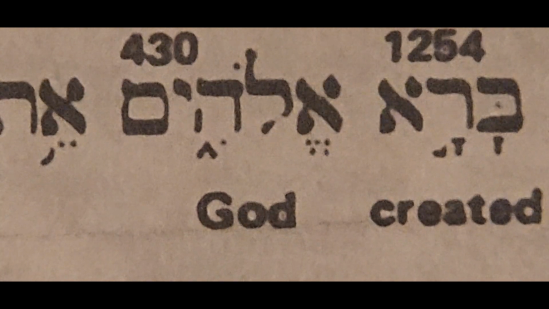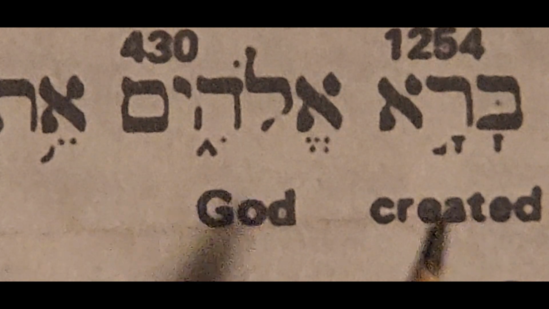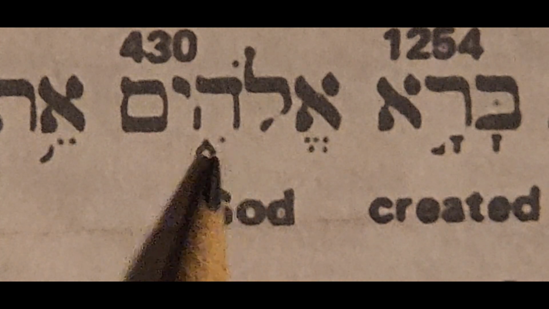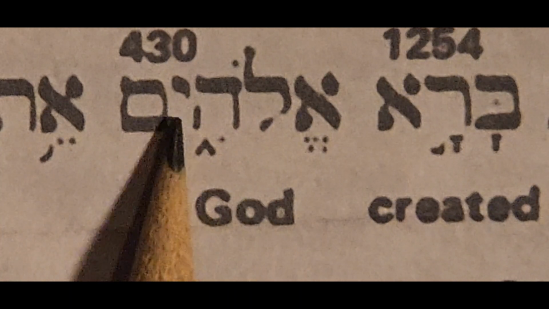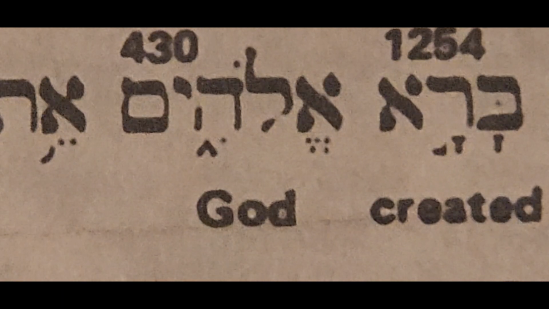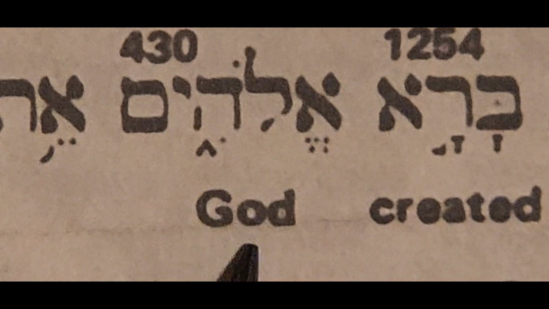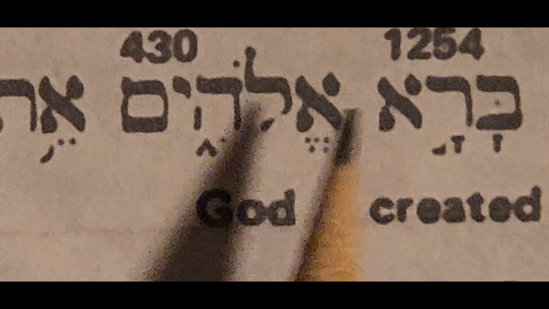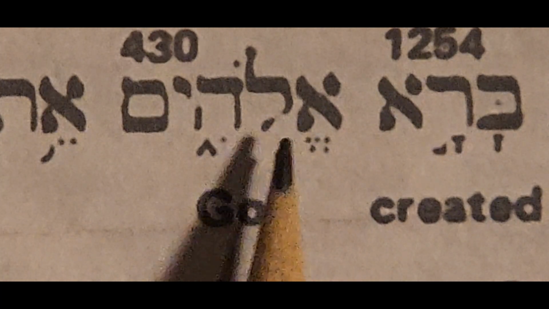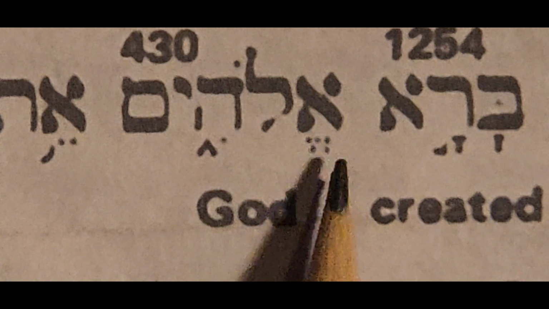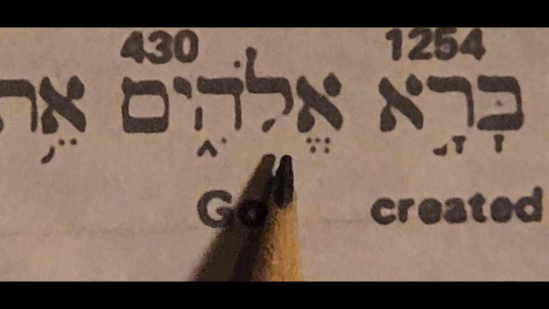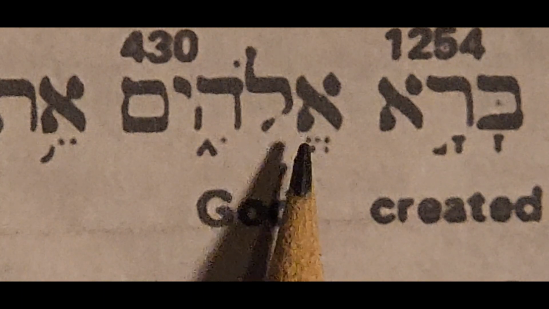Here we see the word Elohim. We have an Aleph, Lamed, He, Yod, Mem. And this is the word for God. El, as we often call it, El or Elohim, the significance of that is strength or powerful.